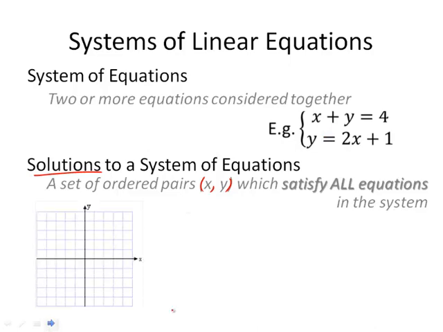So for our example here, x plus y equals 4, we could take a look at all of the possible answers to that to be graphed by solving for y so that we can have it in y equals mx plus b format.